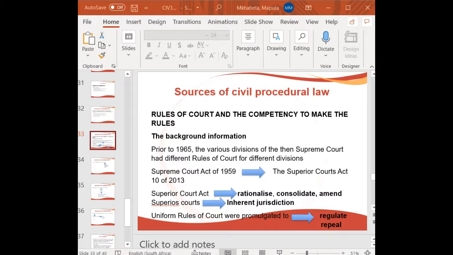These courts do not depend solely on statutory provision and rules of court, which means they have inherent jurisdiction, although statute in certain cases may limit or increase the jurisdiction of the superior courts. In other words, a court may condone any procedural mistake or determine any point of the procedure.